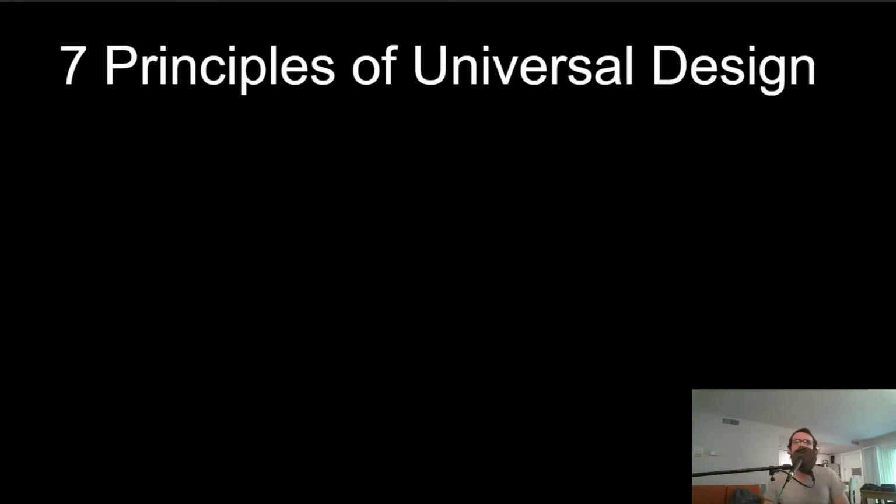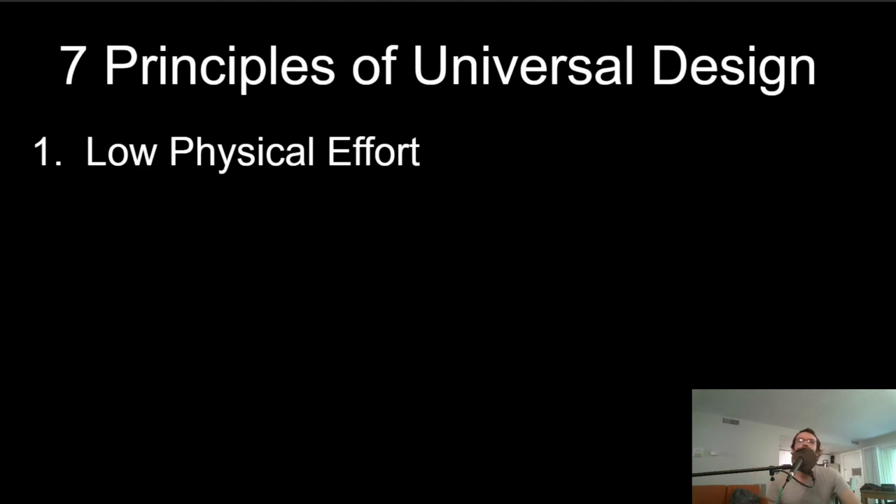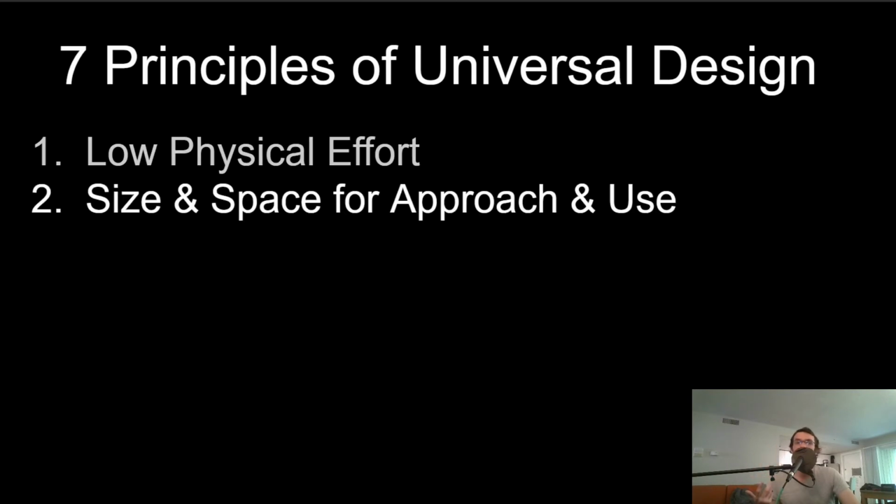And there are often these seven principles that get cited around universal design. Some folks have added and updated these, but these are the 7 core principles that came out of universal design groups in the early days of the 80s and 90s. One is to have things that require low physical effort, that give size and space for the user to approach it and to use it.